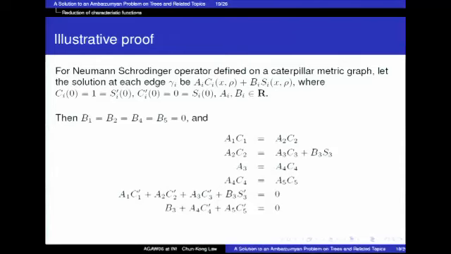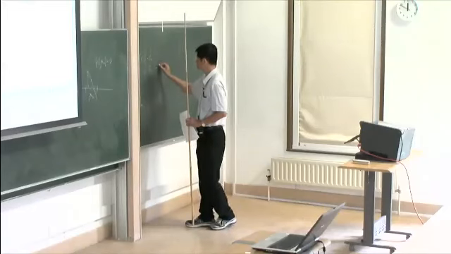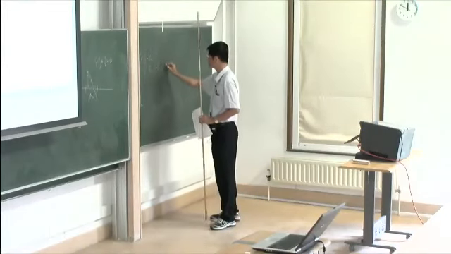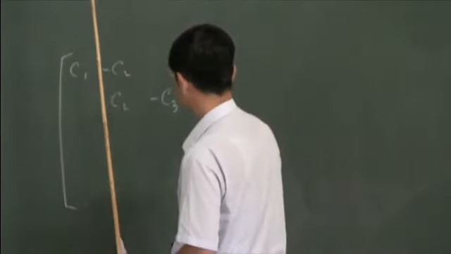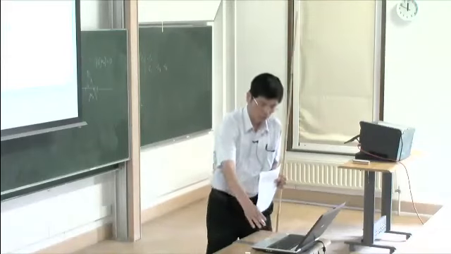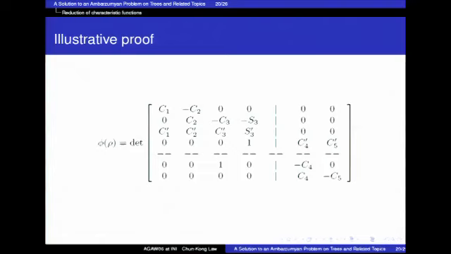So it's C1, negative C2, C2, negative S3, C3, and so on. So the matrix will be like this. These two are the continuity conditions, and this one will be the so-called Kirchhoff condition at this end, at this vertex.